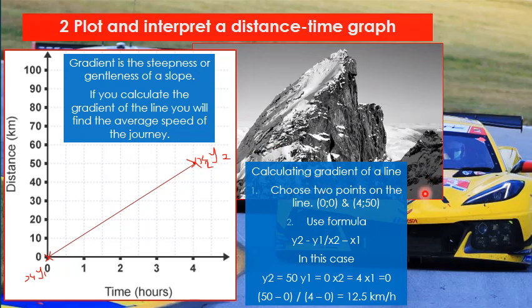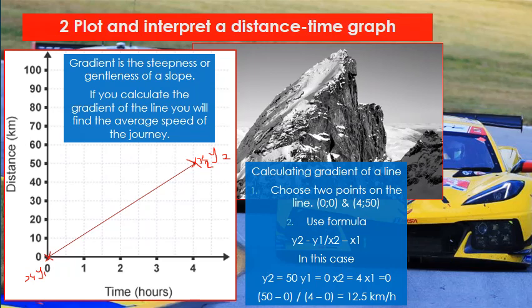So when you're calculating the gradient of a line, the first thing is we choose 2 points on the line. I usually want to choose points that are exact, right?